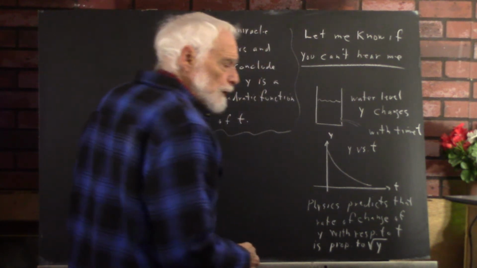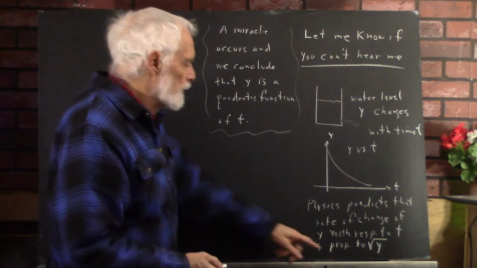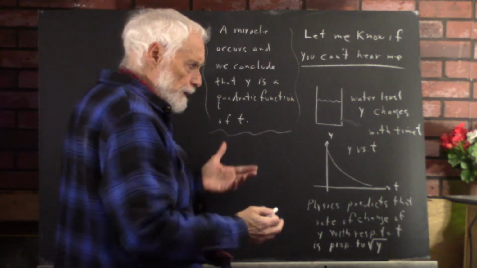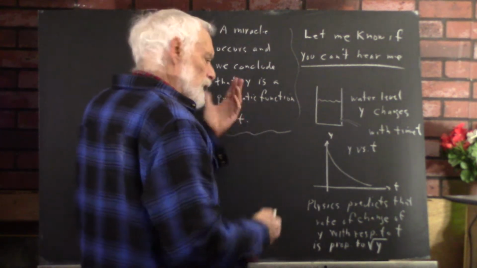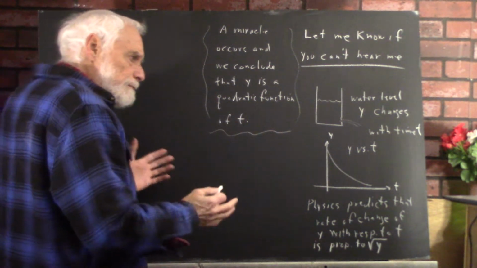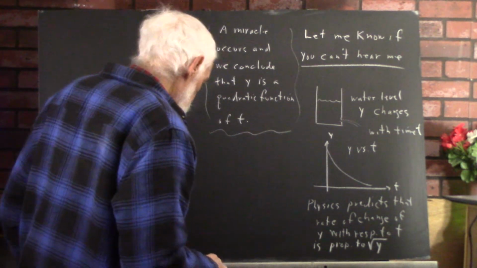What good is that, and what does that tell us about this course? Well, first you have this proportionality statement here, but you have to incorporate that into the miracle, and you don't know exactly how to do that.